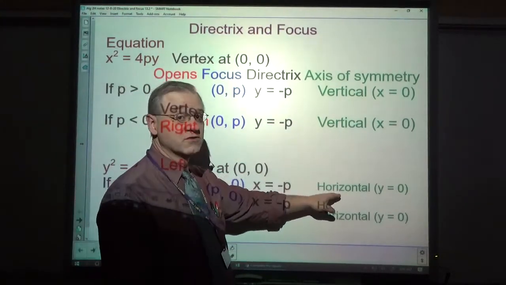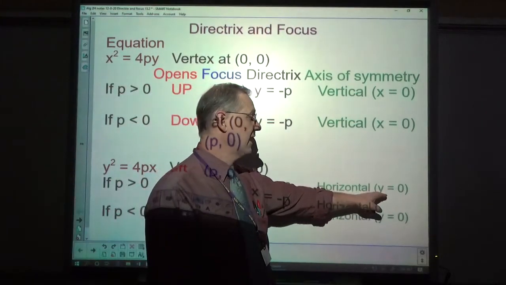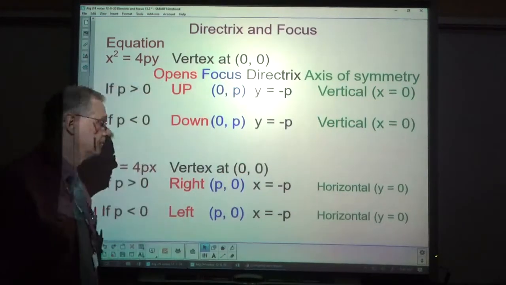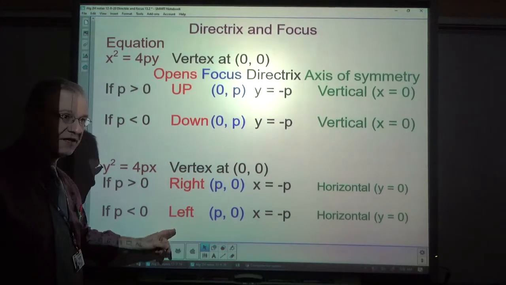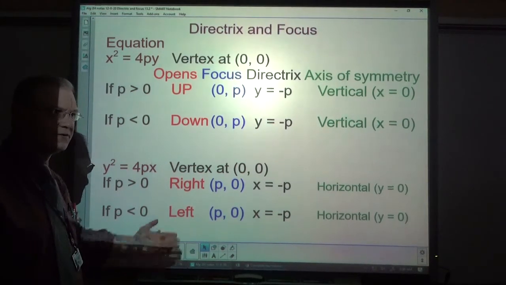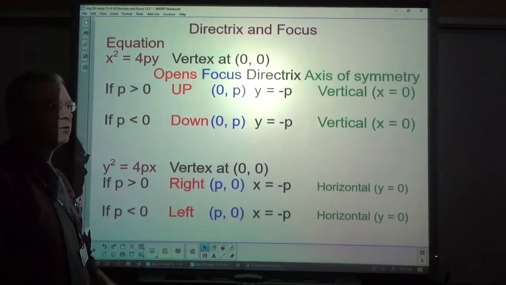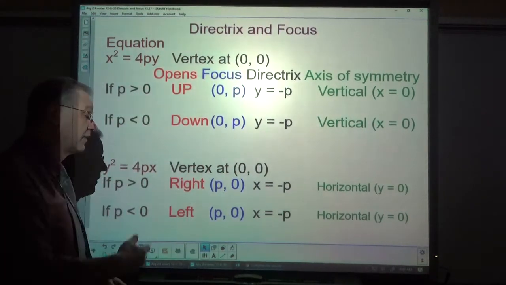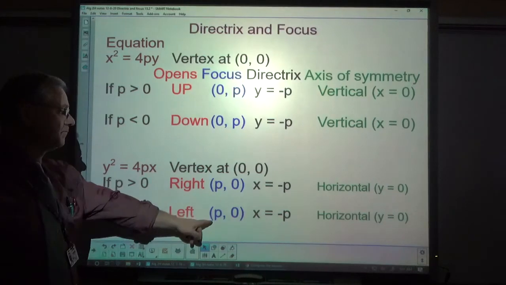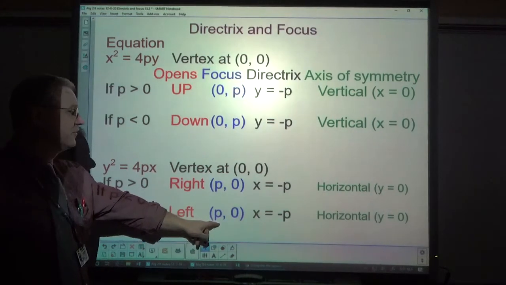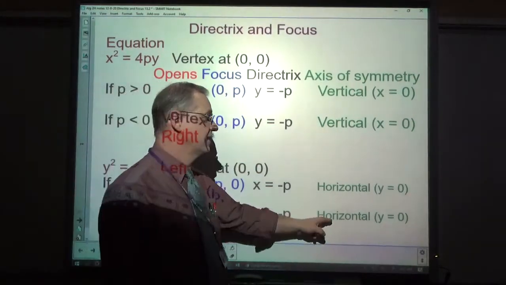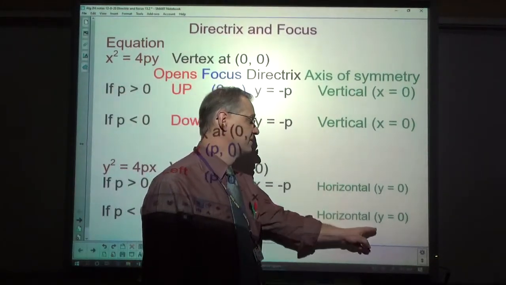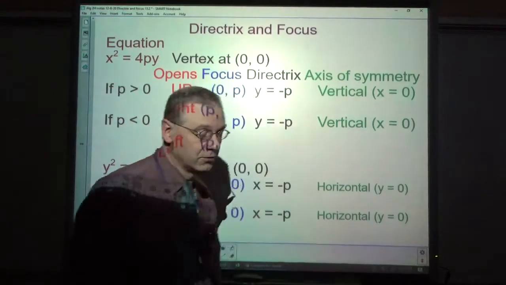It has a horizontal axis of symmetry at y equals 0. If p is less than 0, it opens to the left. Now normally we have parabolas open either up or down. Well, these are opening to the left or right. p, 0 is your focus. x equals negative p is your directrix, and it has a horizontal axis of symmetry, y equals 0.